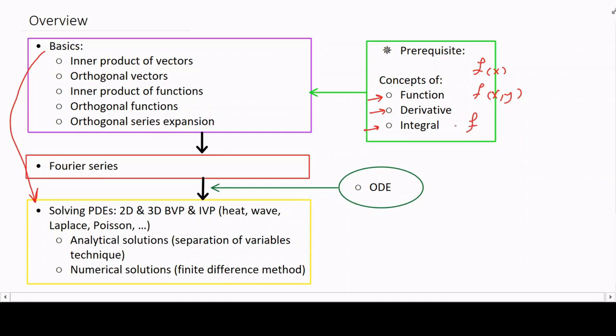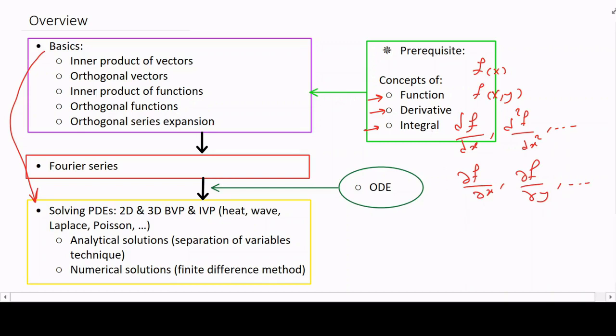For example, you need to know what df/dx is and how you can calculate that, how you can calculate the higher order derivatives of a function. And in the context of multivariable functions, you need to be familiar with the partial derivatives concept, partial f partial x, partial f partial y, etc., and how you can calculate these.